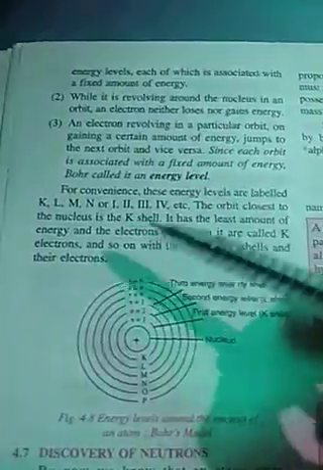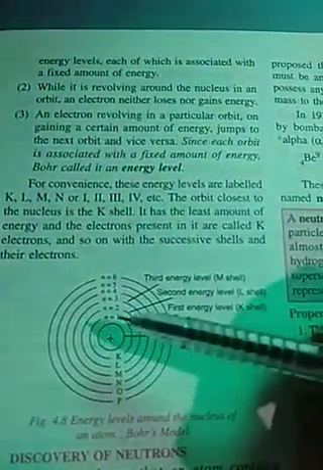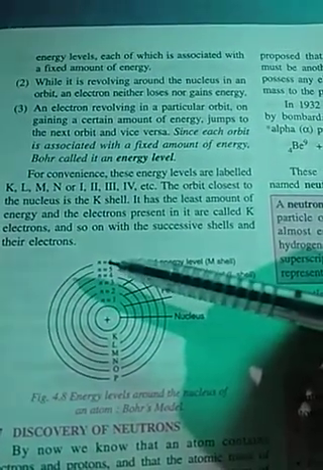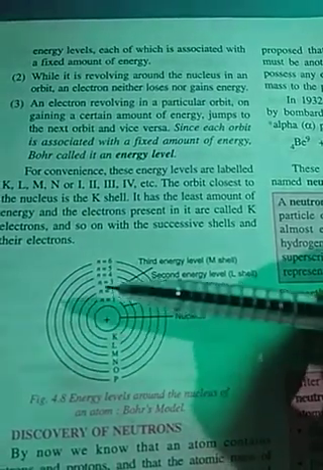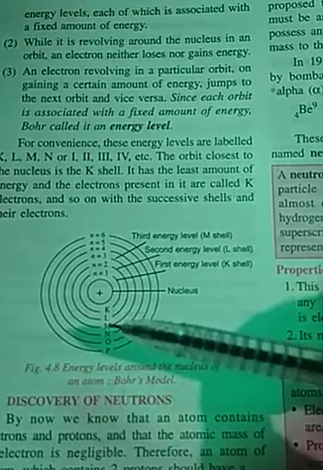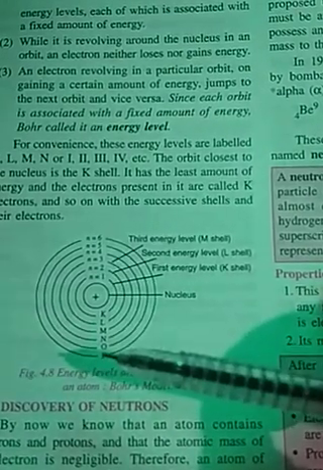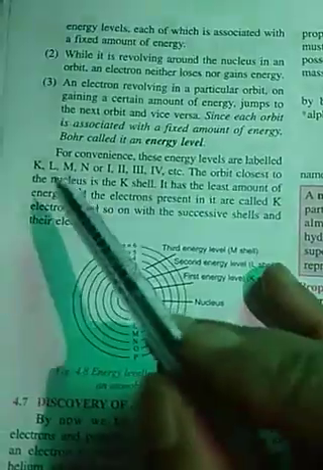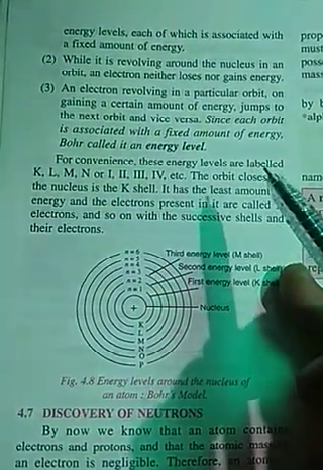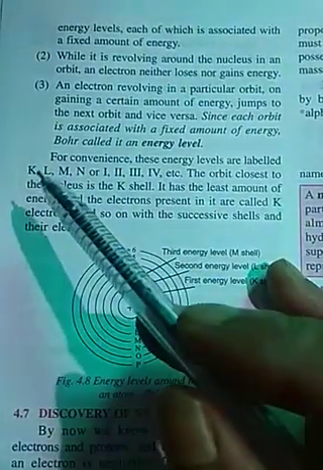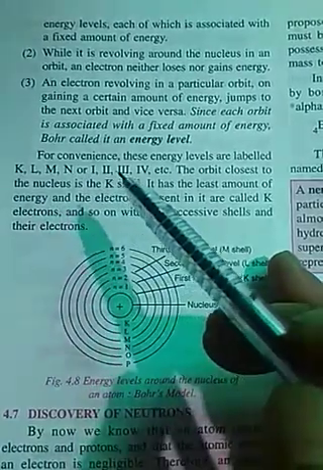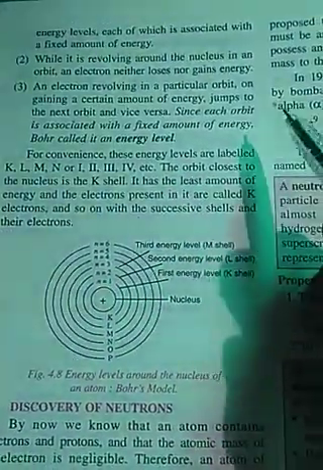Now the shells are denoted by first shell, second shell, third shell, fourth shell, fifth shell, sixth shell, and so on. Or we call them K shell, L shell, M shell, N shell, O shell, P shell. For convenience, these energy levels or shells are labeled as K, L, M, N, O, P, or first, second, third, fourth, fifth, sixth shell.